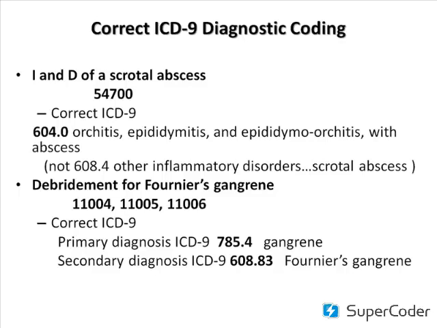It is important to remember that the correct ICD-9 coding for these procedures, to ensure that you will be reimbursed, is that the primary diagnosis should be 785.4, gangrene, and the secondary diagnosis ICD-9 608.83, Fournier's gangrene.